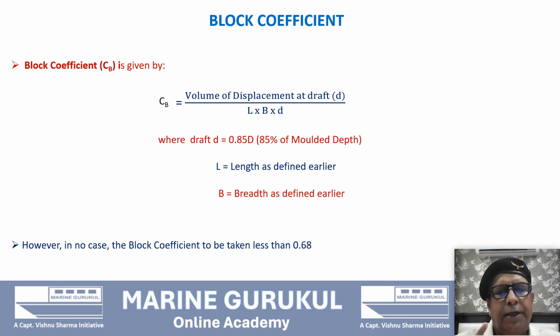However, in no case is the block coefficient to be taken less than 0.68. So if the calculated block coefficient happens to be less than 0.68, then the calculated block coefficient shall not be used. Instead of that, the minimum value of 0.68 shall be used.